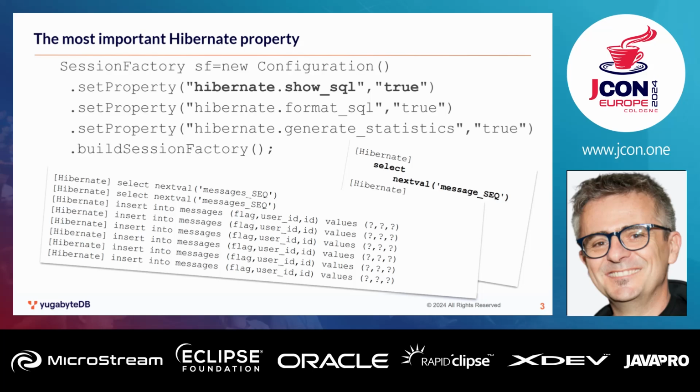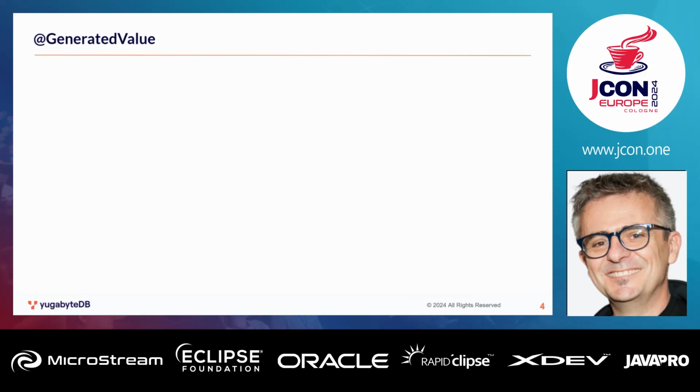For example, here, whatever I'm doing, I see that I have many single row inserts. This is probably not the most efficient if you have a lot of data to ingest. And I can see also some calls to next val, to a sequence, multiple calls. Do you really need to have those additional calls when inserting data?